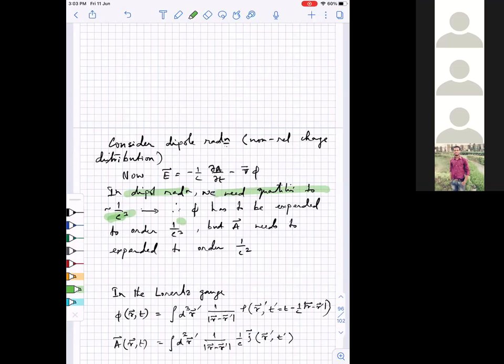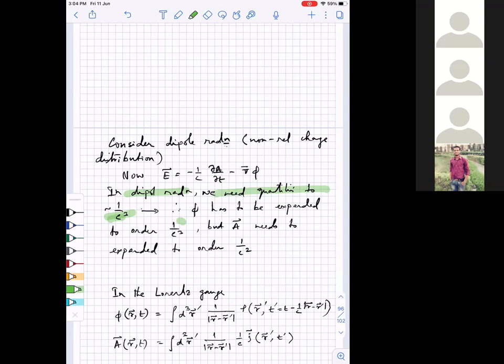Where the potential is due to whatever charges were there, but even slightly away from the charge, if the charges are moving, then the potential is given by this formula, where the rho and the j are at this retarded time, and this retarded time, if you look carefully, has a 1 by c term.